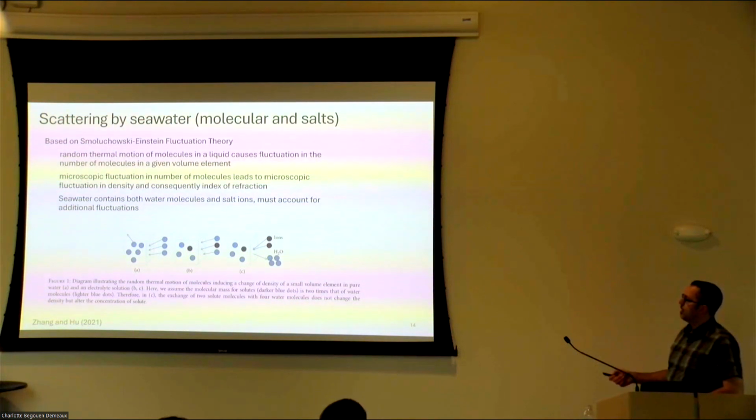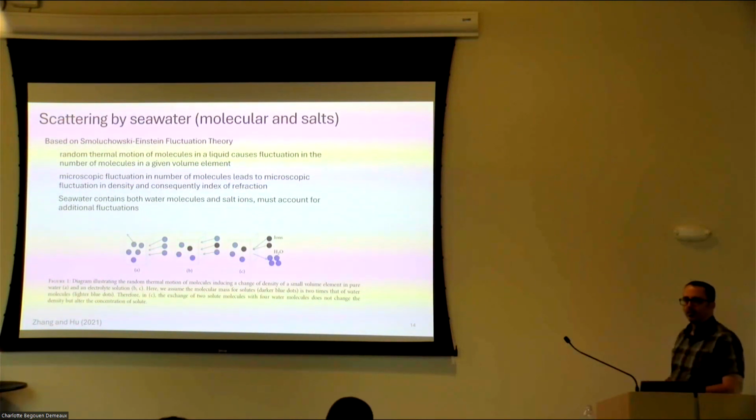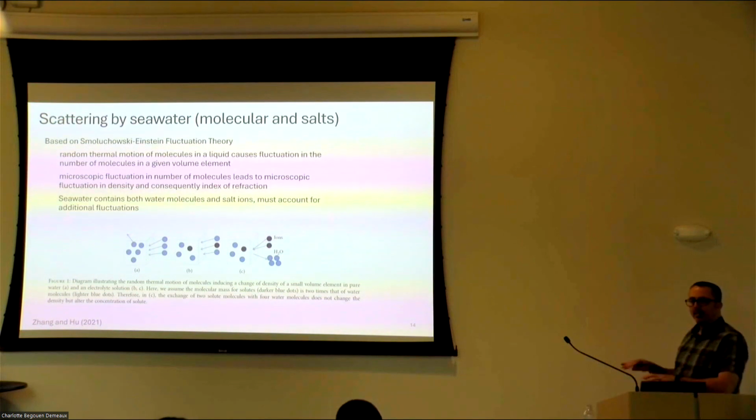That's an additional way of changing the index of refraction of that volume element. And the third case is, let's say our ions are twice as massive as our water molecules. We move a certain number of ions and water molecules in and out, and we can keep the density the same but change the concentration. So there are three elements that come into the fluctuations in that volume.